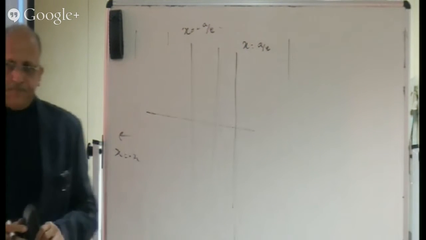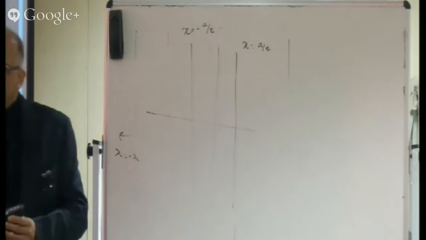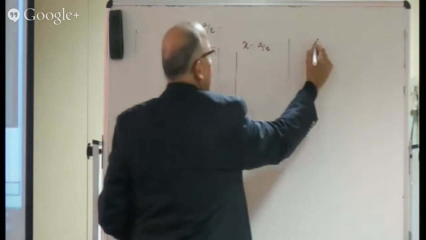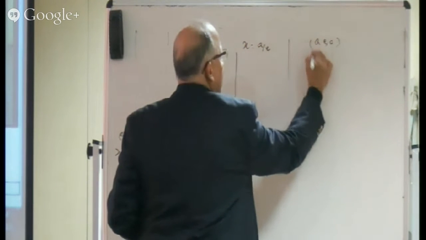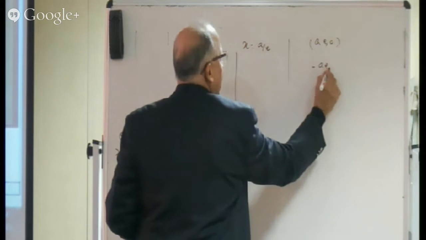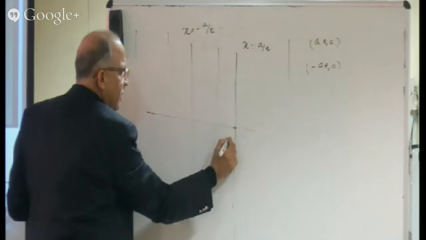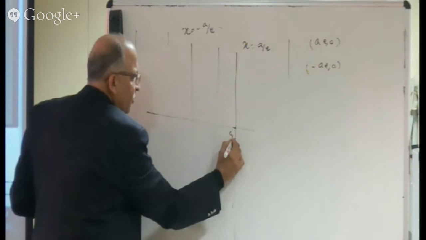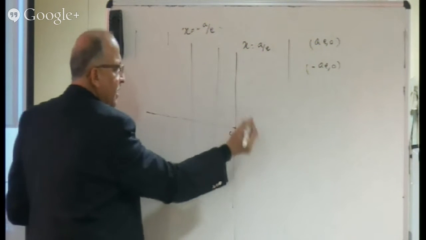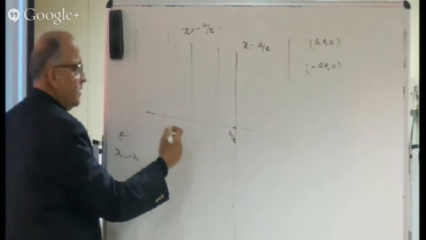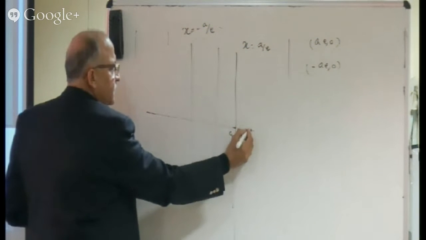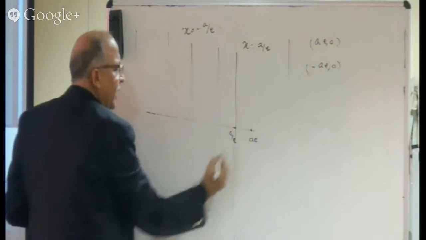Then what about AE? (A E, 0) is a focus and another focus is (minus A E, 0). Can you tell me if this is A by E, where will A into E be? On right of it or left of it? Right. Why?